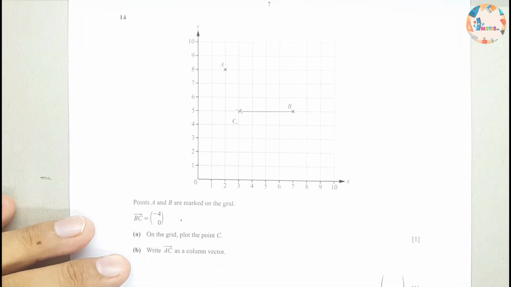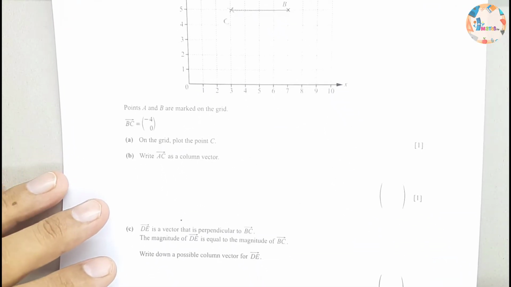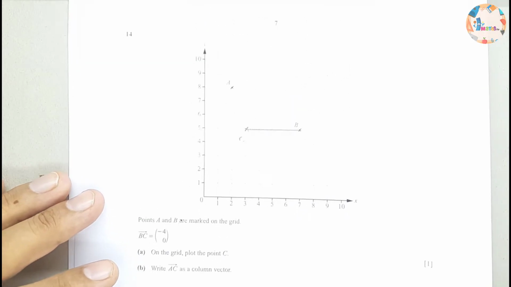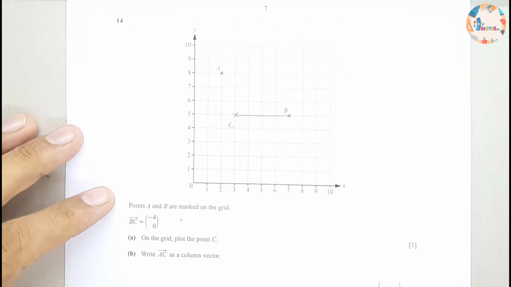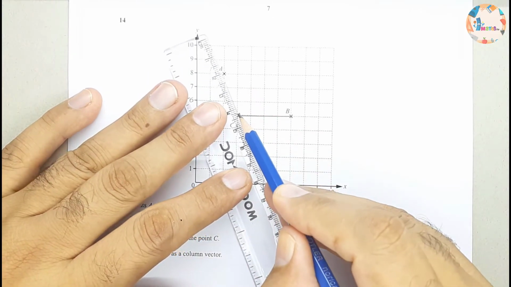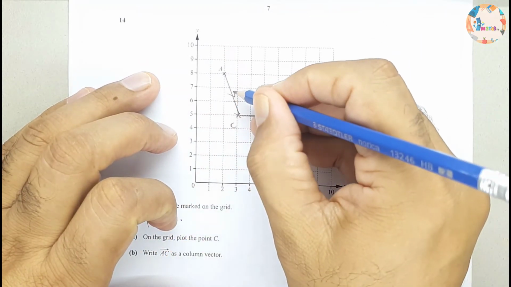Points A and B are marked on the grid. BC is -4 and 0 on the grid. Plot the point C. Write AC as a column vector. So AC will be this one. So this AC we have to write as a column vector.